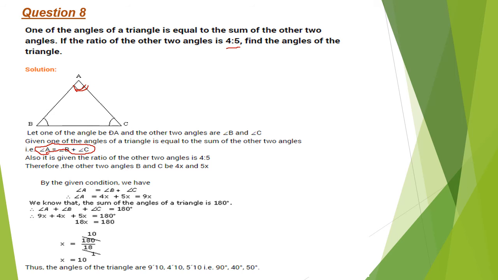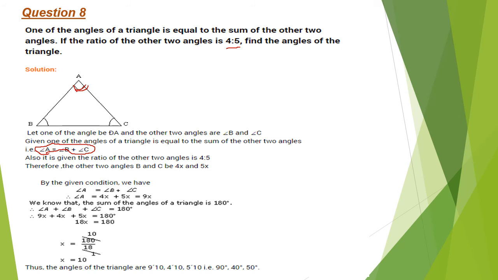Also, we know that angle B and angle C are in the ratio 4:5. So we can consider those two angles, angle B and angle C, as 4x and 5x. If this is 4x and this is 5x, then angle A is 4x plus 5x, 9x.